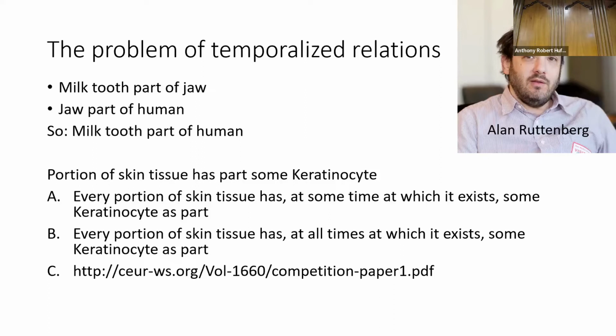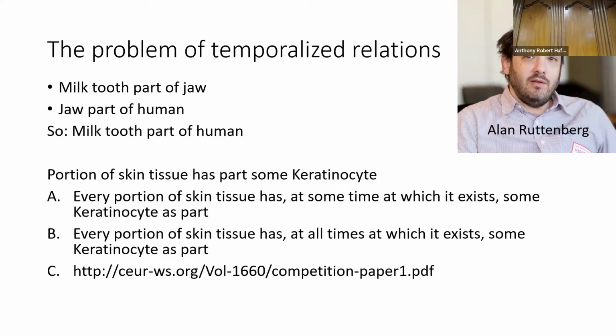Now, OWL can't distinguish between those two cases. And now, do you know in all your uses of part of in your ontology that you're not using a case like this where there are two alternative readings, only one of which would be correct? Probably you do, because this kind of case is rather rare.